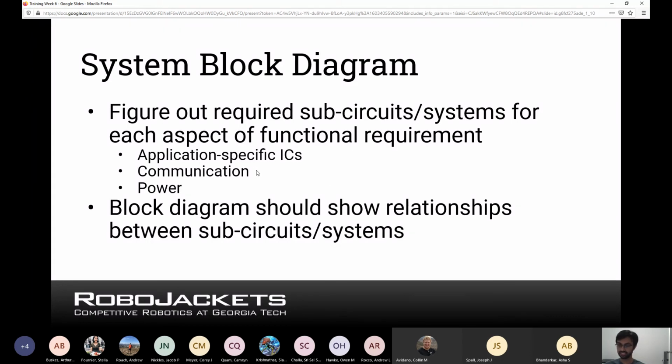You might need a different circuit to handle your communications physical layer. You might need a circuit for your power regulation. You'll have some number of these based on however many different things your circuit needs to do. And it's important to keep track of what each subcircuit does and keep track of how it's related to the other subcircuits in your circuit board.